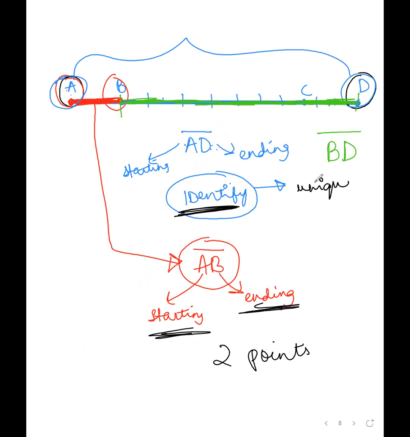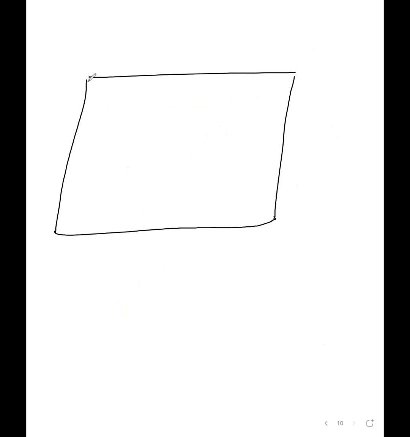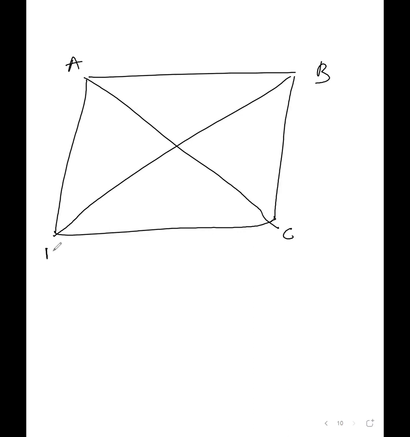Its identification is unique. If I have a triangle, let's say, Hiba, let me give you a bigger figure over here. Let's say that I have a quadrilateral over here, and in this, I say this is A, B, C, D. And again, I'm calling this point A. Does it make sense?